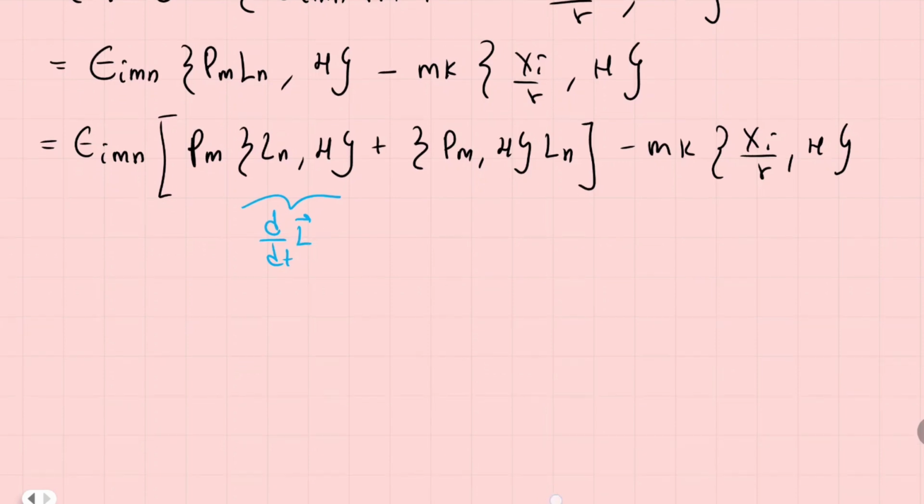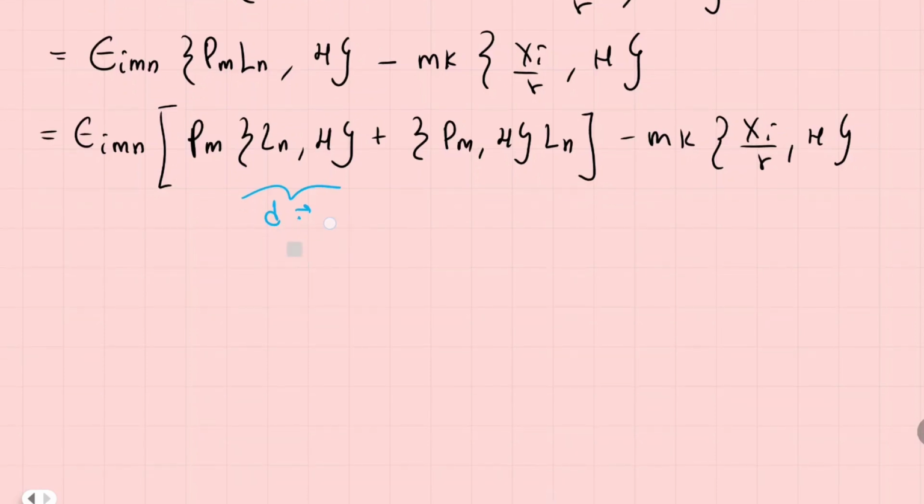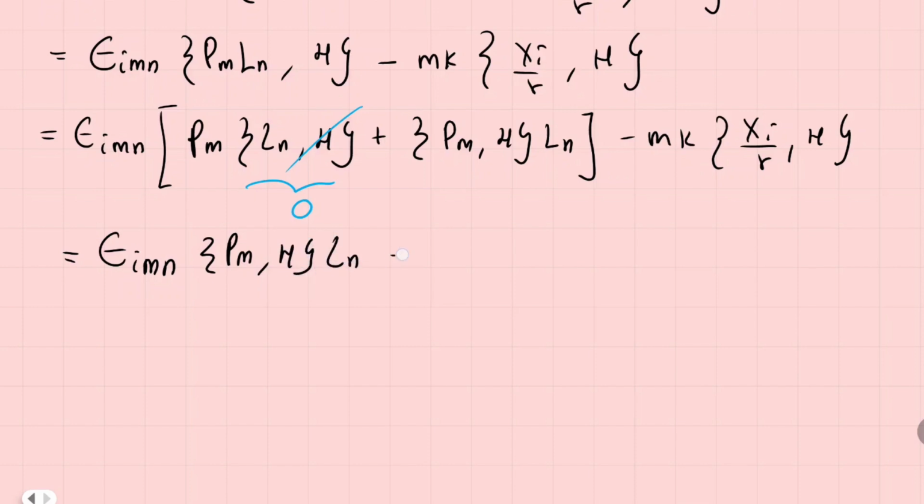So that is a quantity that is conserved in the Kepler problem. That means that this derivative is zero, making all this quantity zero. Okay, so we are going to cancel it. So we are going to get epsilon_imn times the Poisson brackets of P_m with H times L_n minus mk times the Poisson brackets of x_i over r, H.